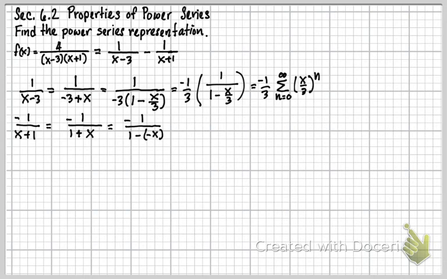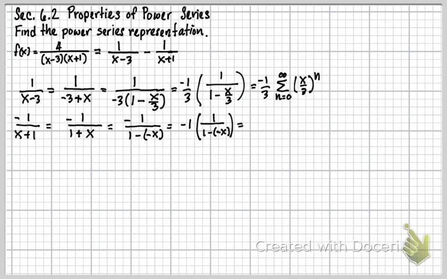Okay, so that's this series here. So now if I pull a negative 1 out, I'm going to get here 1 over 1 minus negative x.